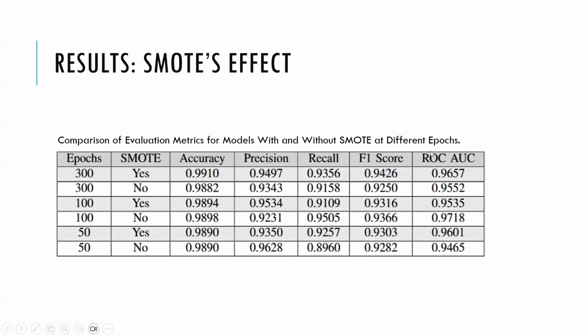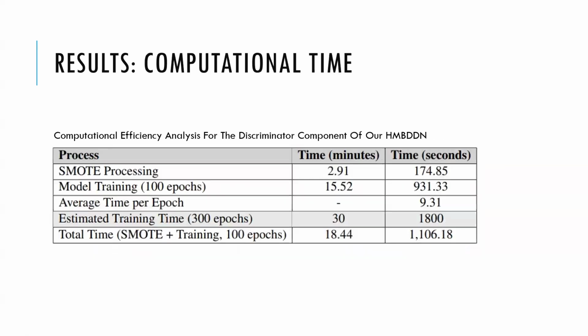We realized that even with the lowest number of epochs, 50, our algorithm without augmentation reached 98.90% accuracy. When we increase it to 300 epochs and use SMOTE, it reaches the highest accuracy in this research, which is 99.10%.